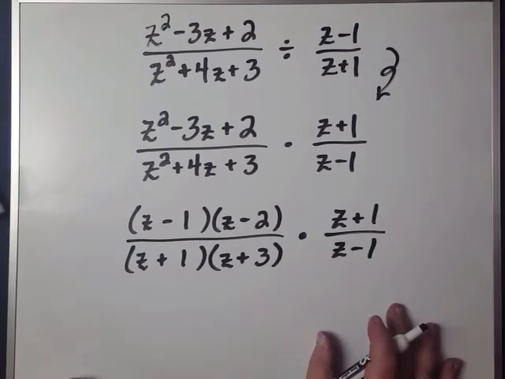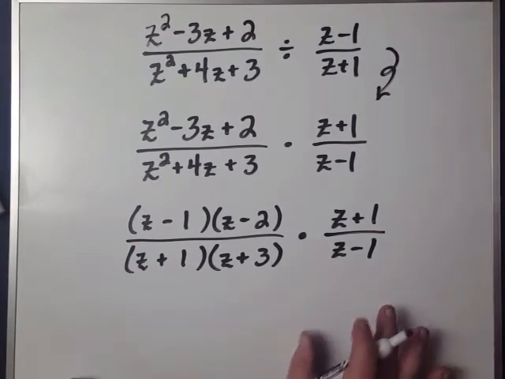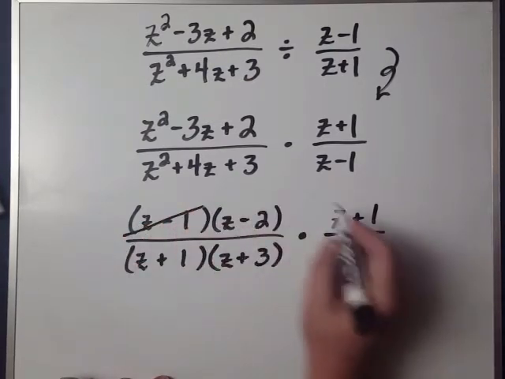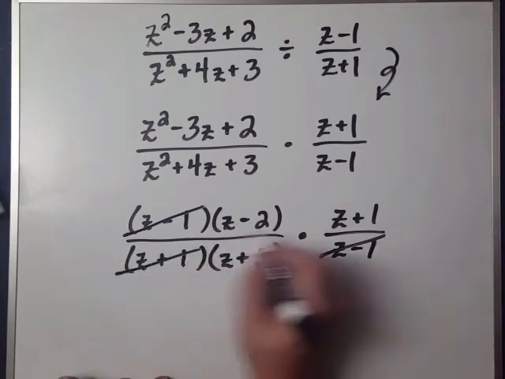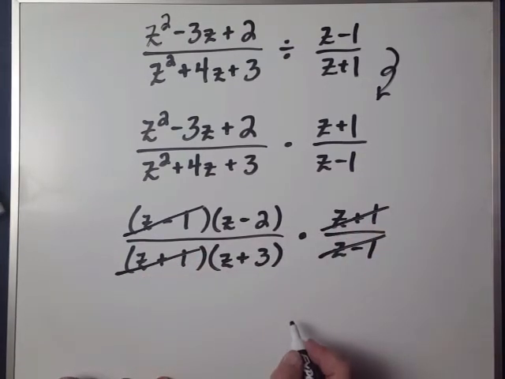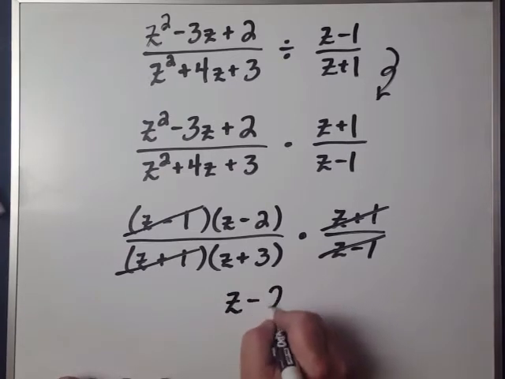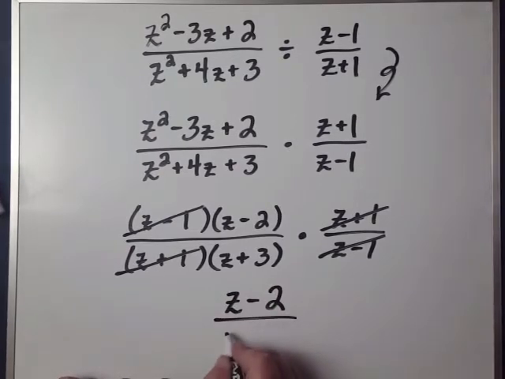Everything's factored. Now what do we want to do? Cancel any factors we find common to the top and bottom. Z minus 1 is gone. Z plus 1 is gone. Collect your survivors. Z minus 2 is the only survivor in the top. Z plus 3, the only thing left in the bottom. Again, I'll remind you, don't cancel those Z's, right?